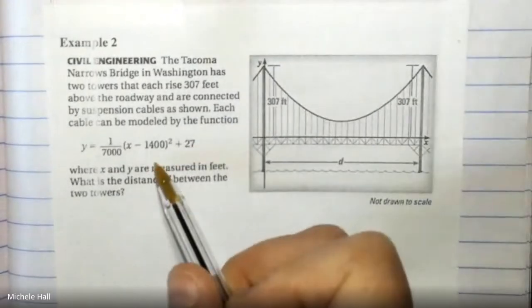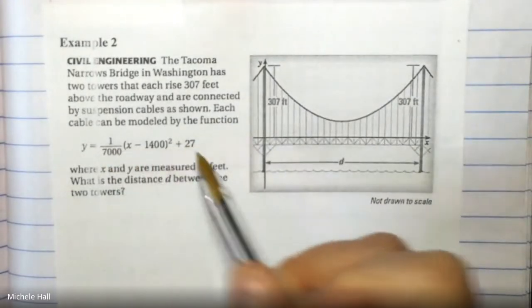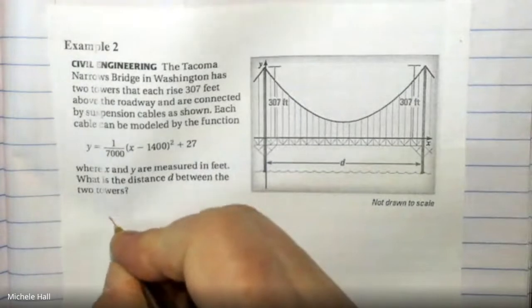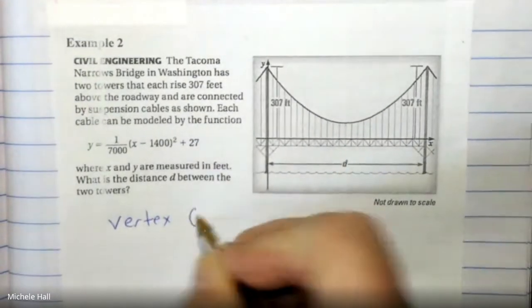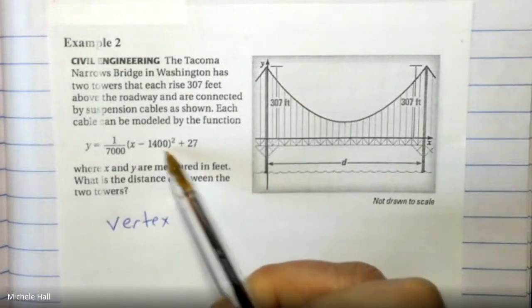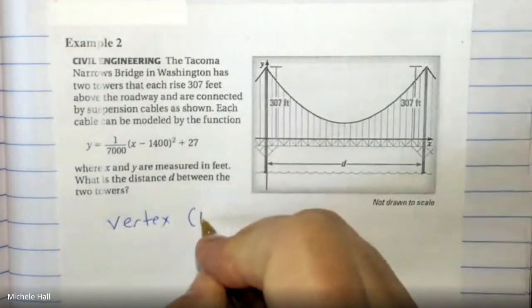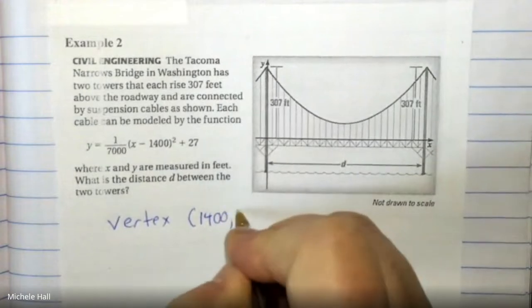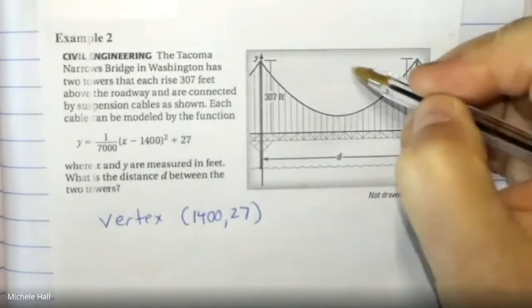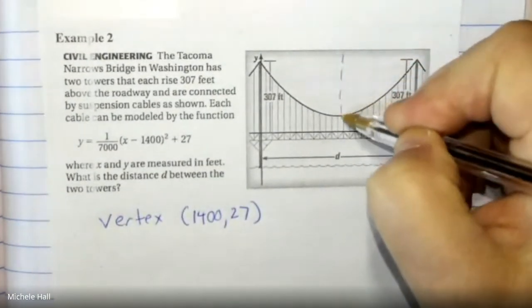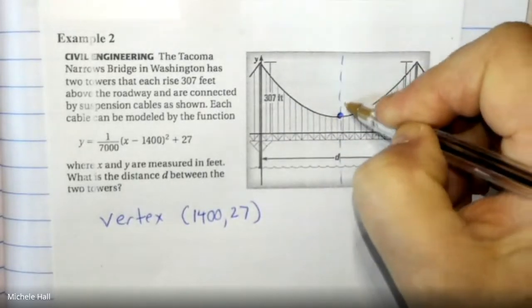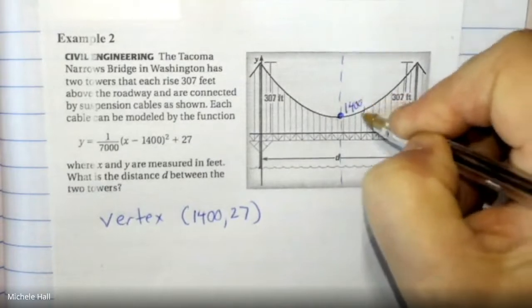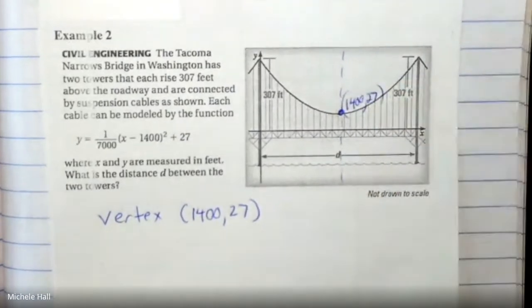Looking at our equation, it is in vertex form. I would say that the vertex is at (1427). The axis of symmetry goes right down the middle. So I know that this point is 1400 and the y value is 27.